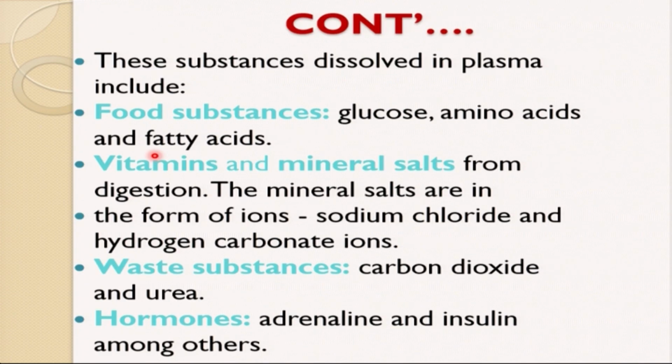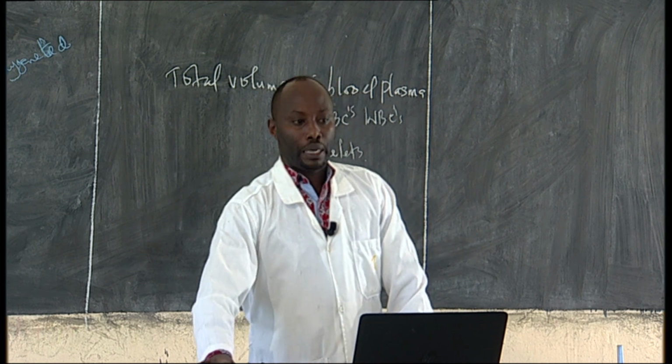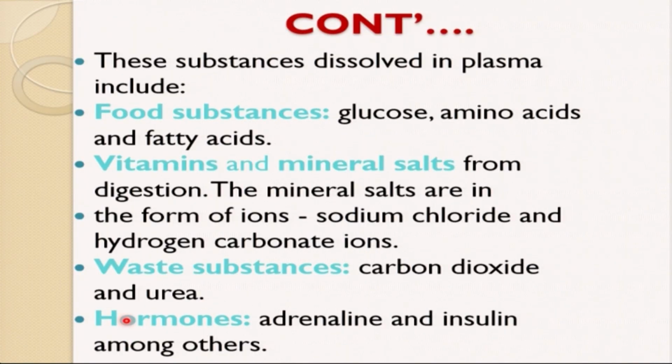And again in plasma, we have what we call waste substances. These waste substances can also be found in the blood plasma. They include carbon dioxide and urea, which is a nitrogenous waste product that has to be removed from the body. The last one in the blood plasma is hormones. When we talk about hormones, everybody is able to understand what hormones are, students.